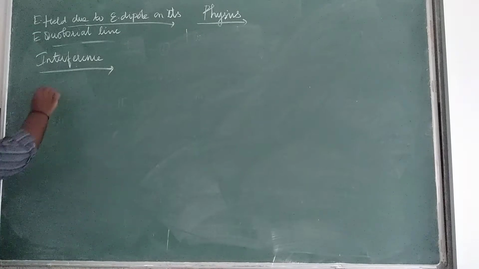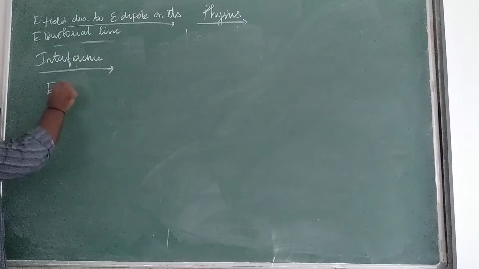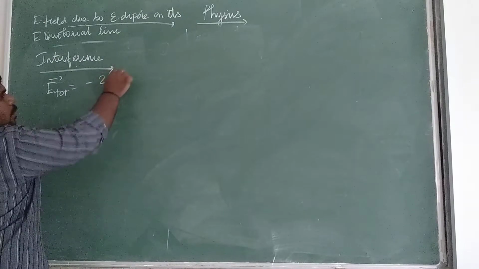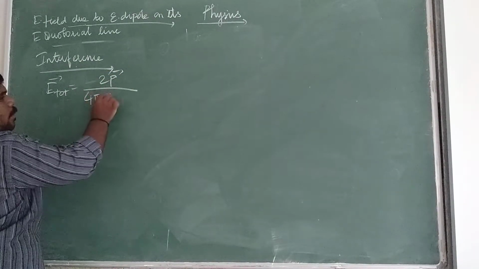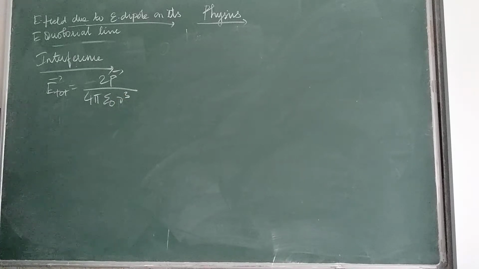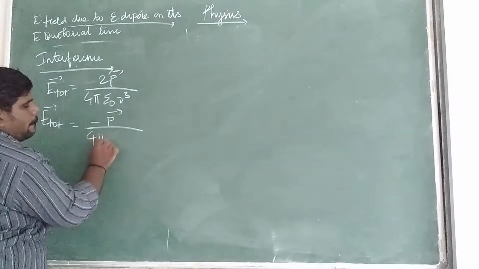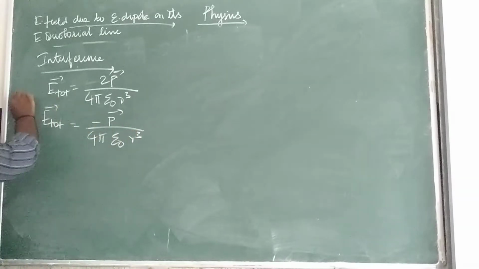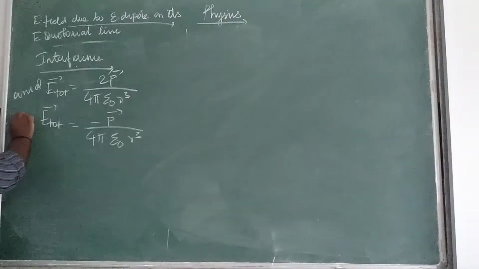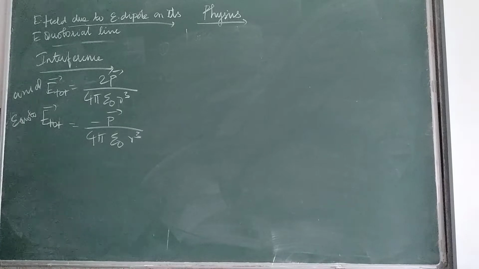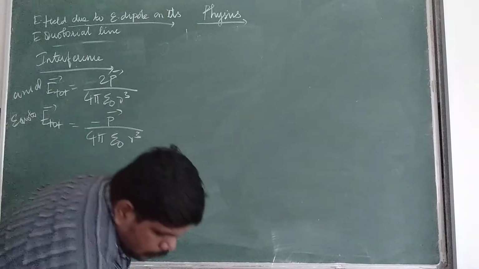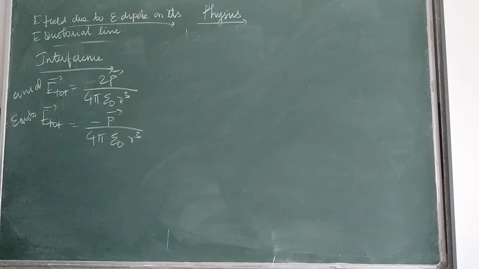What's our final answer there? For the equatorial line, what do you get now? So this is for the axial line and this is for the equatorial line. So the total electric field, what is that? The total electric field on an axial line is twice the electric field on an equatorial line.